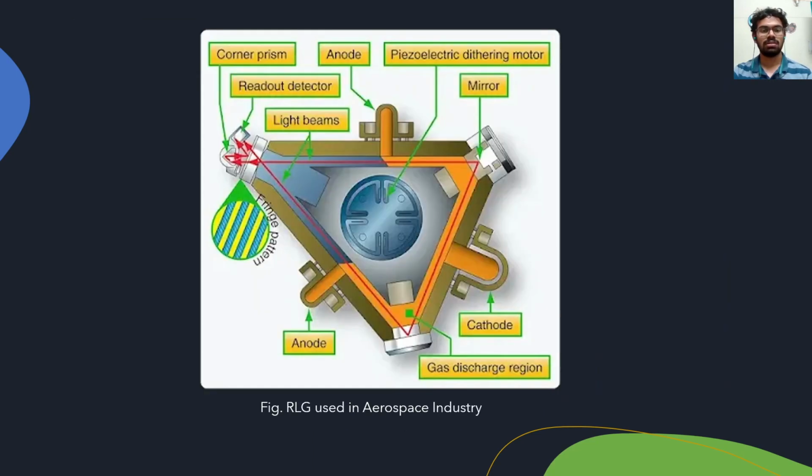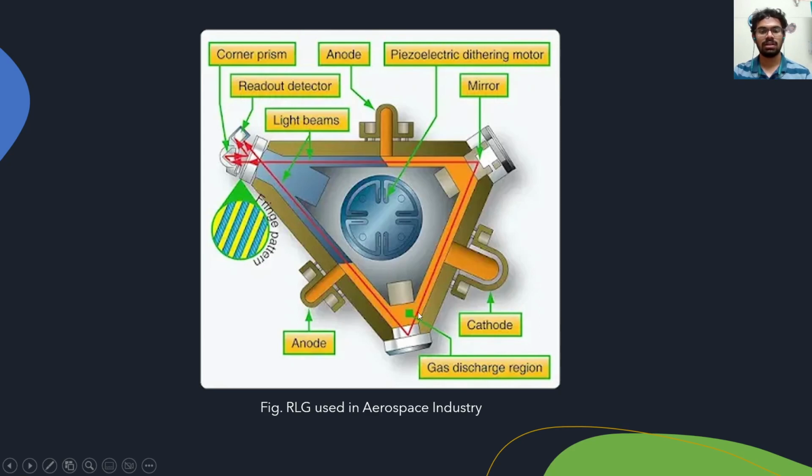In here we can see the basic design of an aerospace industry RLG. There isn't much difference between the both of them. In here, instead of using a direct laser source, it has two anode terminals and a cathode terminal, and they have mirrors for reflection of the laser light, and the detector is placed here.